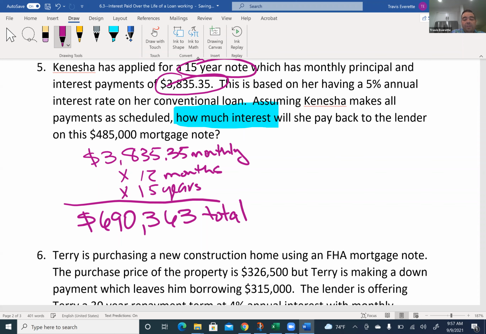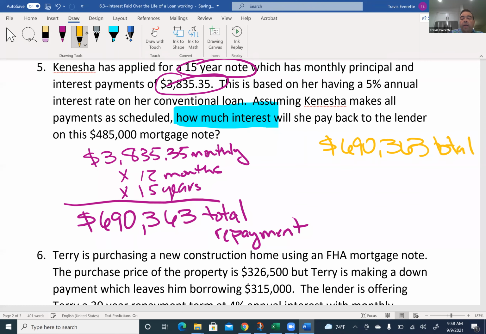Now, that's not the answer they want because they didn't ask us for the total repayment. They ask us how much of that is interest. Well, we can work with that. If we know that the total is $690,363, and we also know right up here that the principal is $485,000. That's the amount that she actually borrowed.